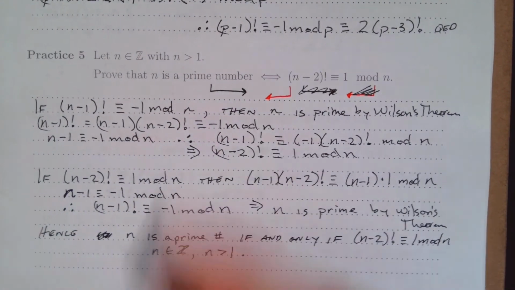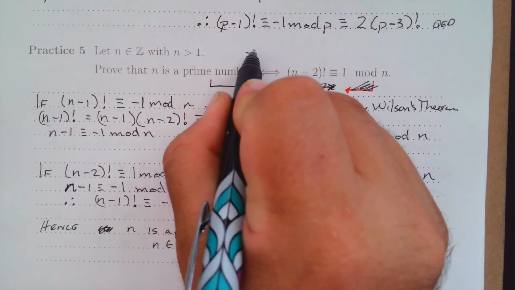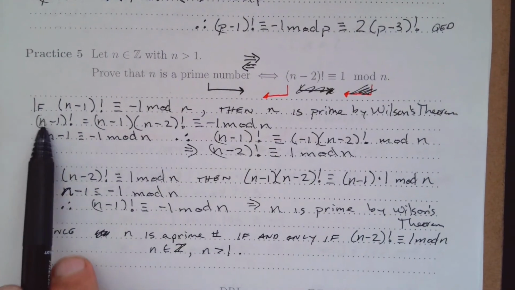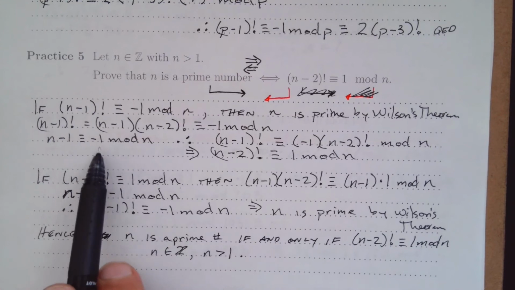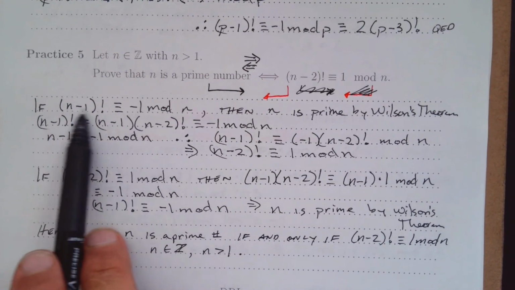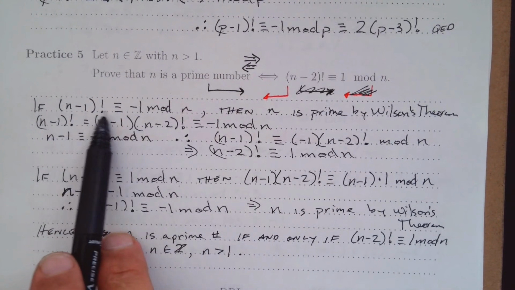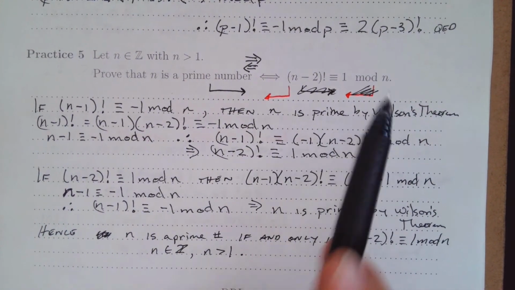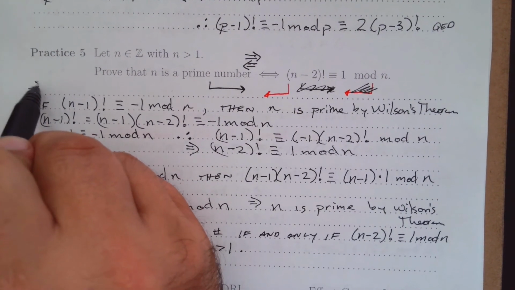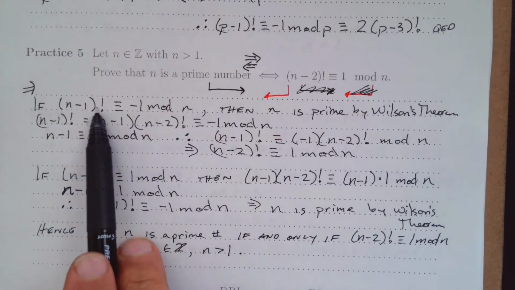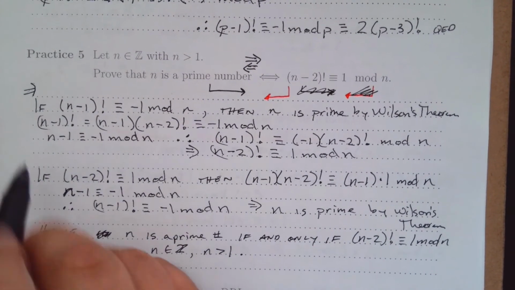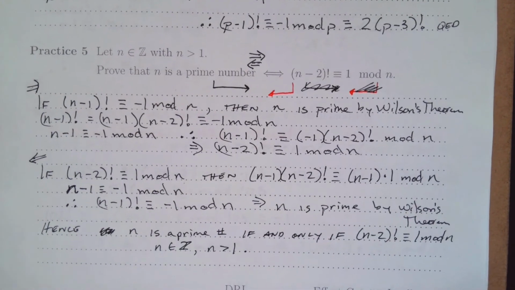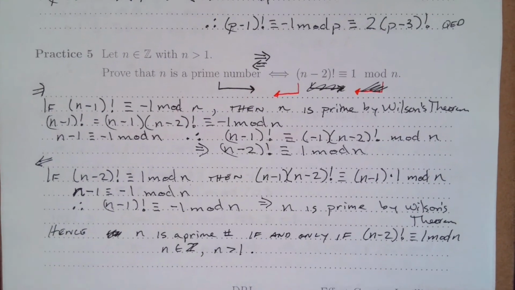I have to prove both sides of the if and only if, and that's what we did here. So for this first one, we could say, hey, we're going to have this be true where n is a prime number. All right, so n is a prime number, this is going to be true, and this part would be the part of the proof going in the other direction.